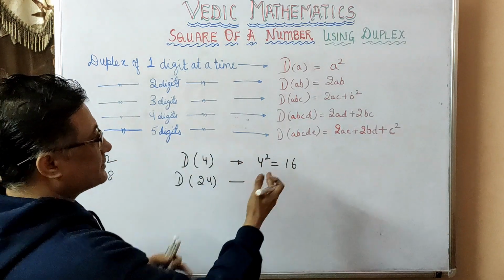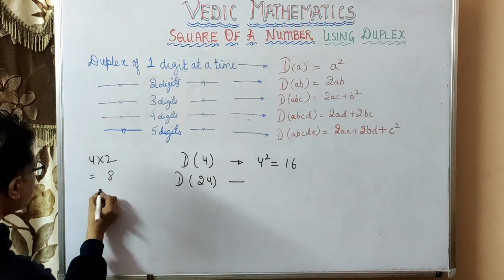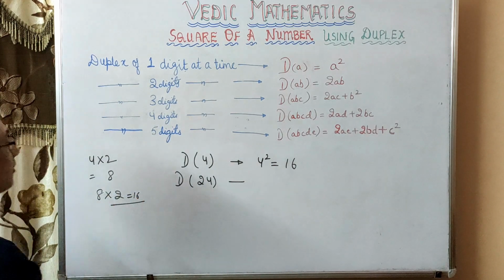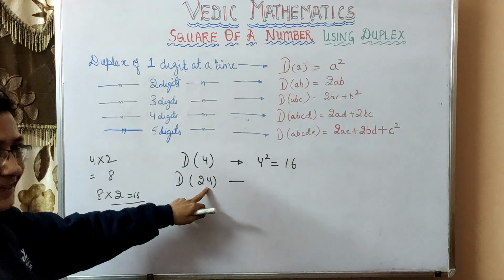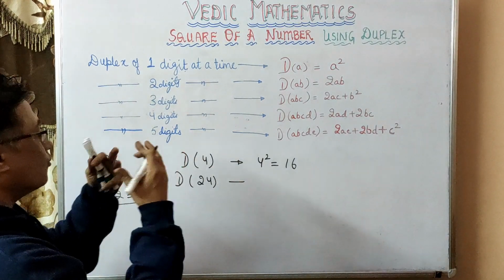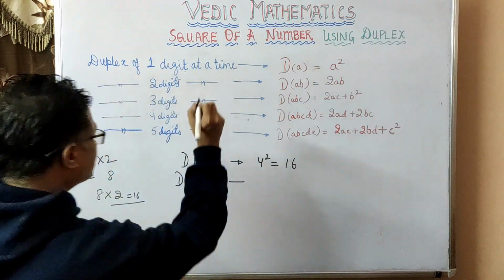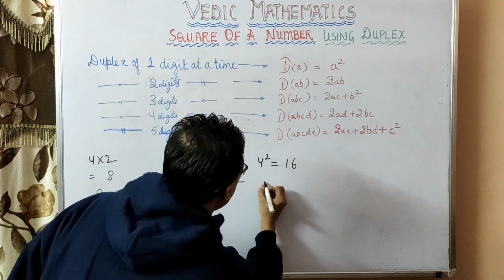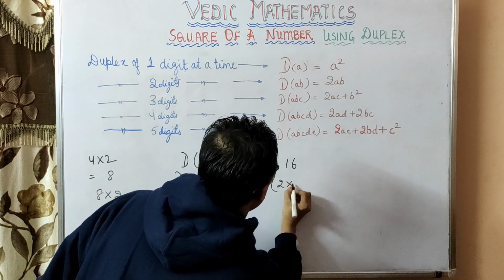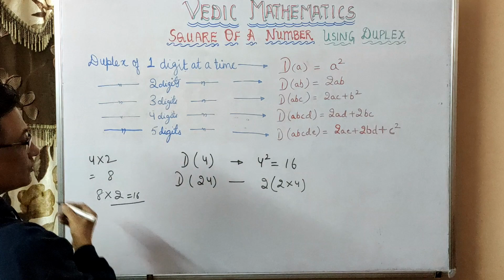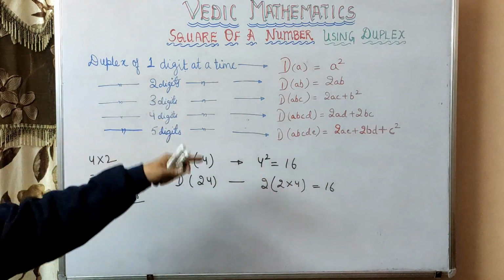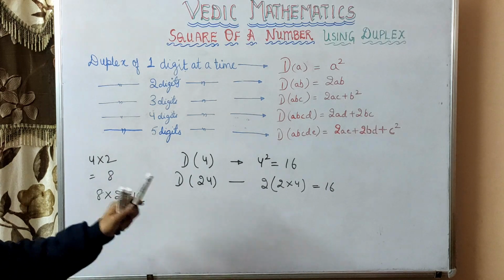Now, double this, 2ab. 8 multiplied by 2 is 16. So, you first cross multiply them and then multiply the answer by 2. So, duplex of 24 is 2 multiplied by 2 multiplied by 4, that is 16. This is how we calculate duplex.